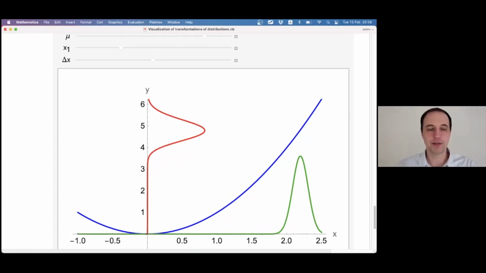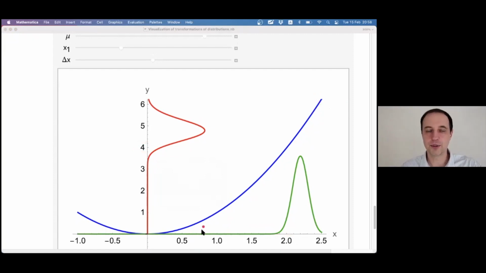Then what about the random variable y? How is that defined? Well, the function g is indicated here by the blue curve. So this function is simply y equal to x squared. For example, here when x is equal to 2, we just square it, we obtain number 4, and that's going to be the value of y that corresponds to that x.